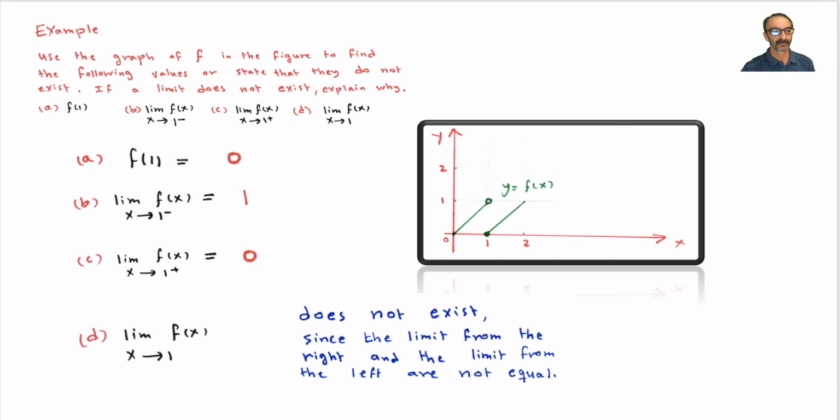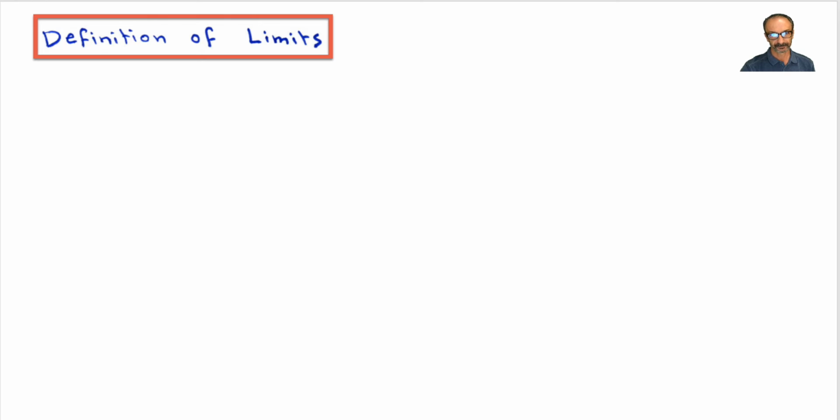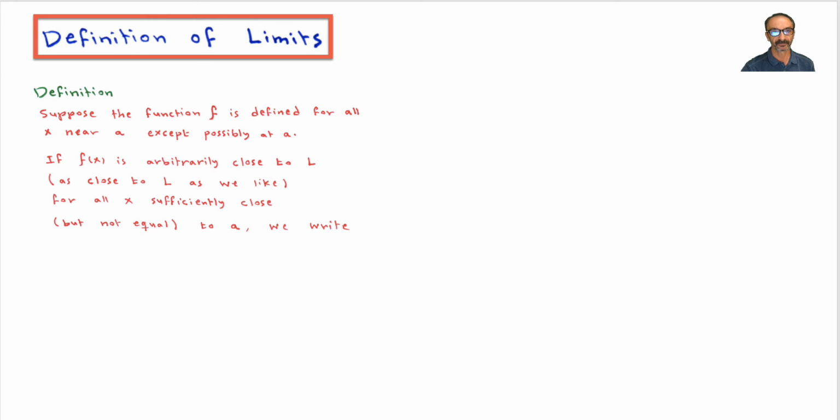Okay, let's move on. Definition of limits. What's the definition of limits? Suppose the function f is defined for all x near a except possibly at a. We don't have to worry about if it's defined at a or not. That's for continuity later on. For now, we're just approaching limits from right and from left.